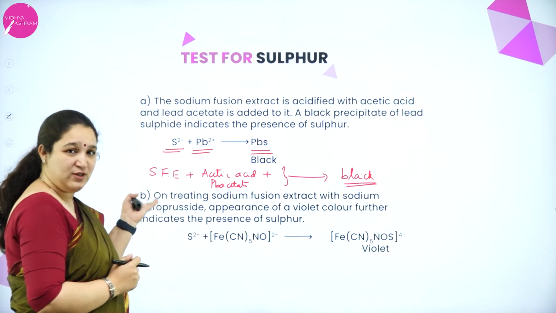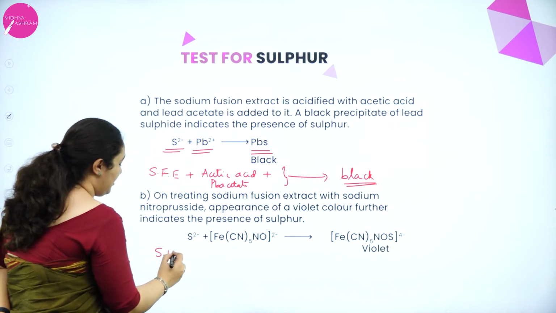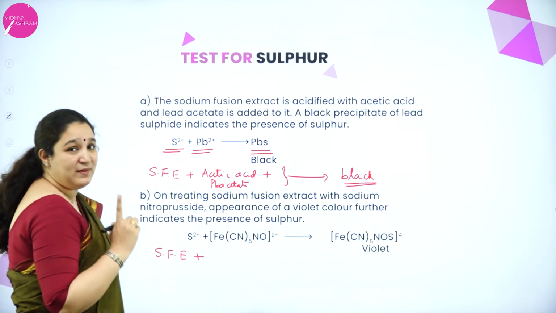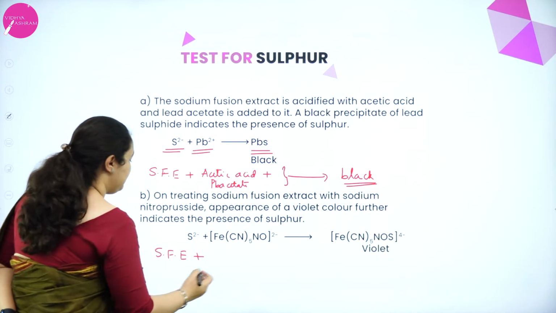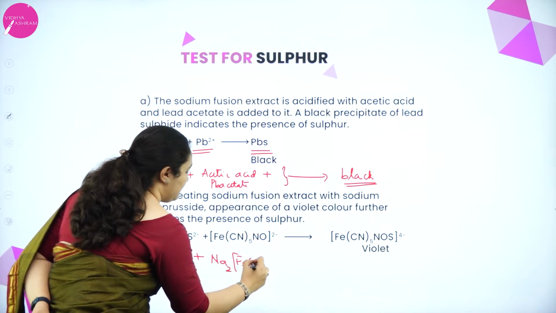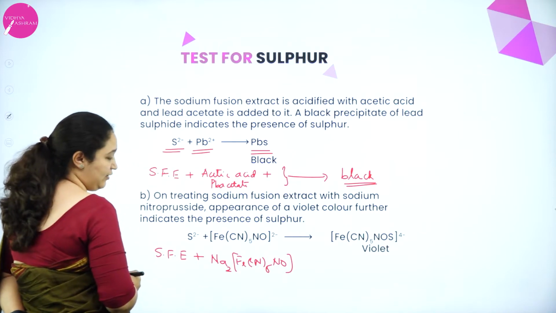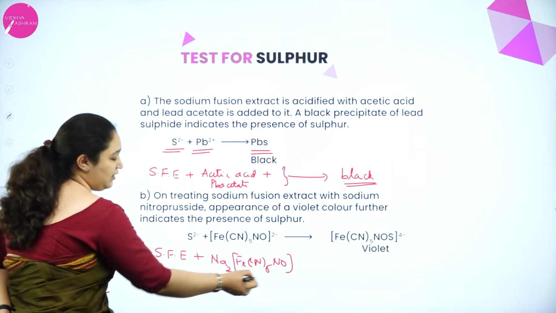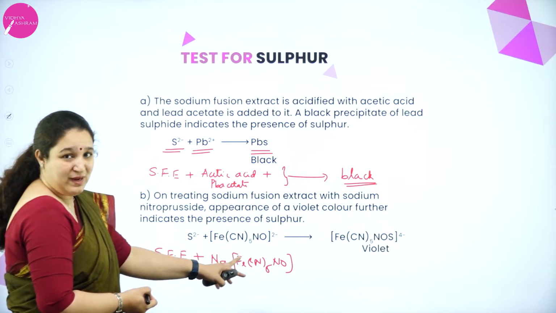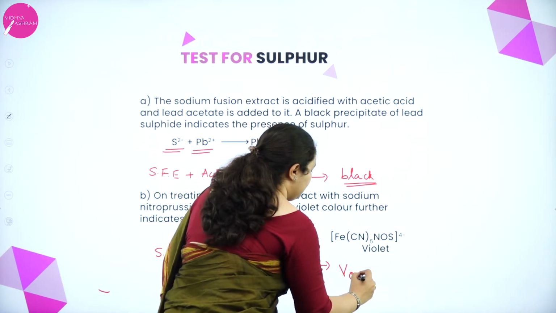There is one more test for detection of sulfur. You take the sodium fusion extract and treat it with sodium nitroprusside, that is Na2[Fe(CN)5NO]. Here the ionic form I have written, and here the molecular form. So sodium fusion extract plus sodium nitroprusside, you will get violet color.